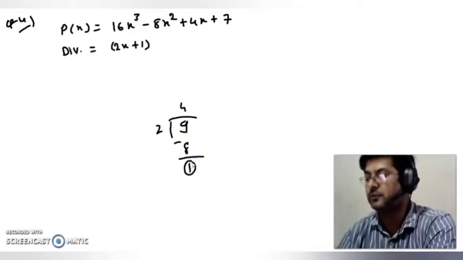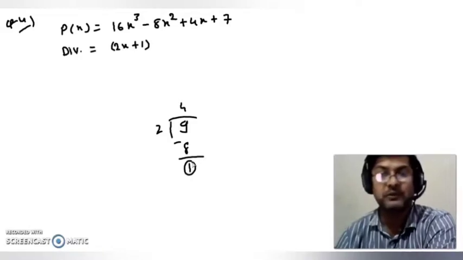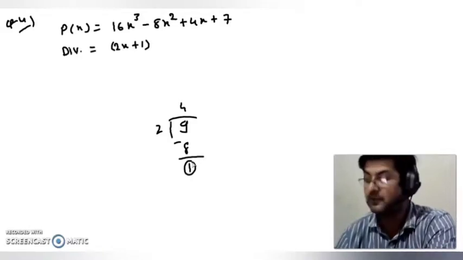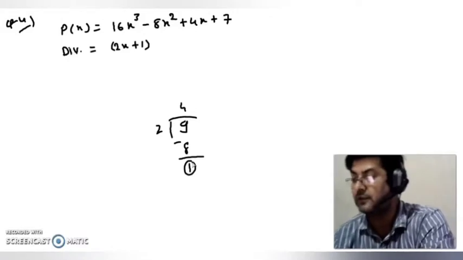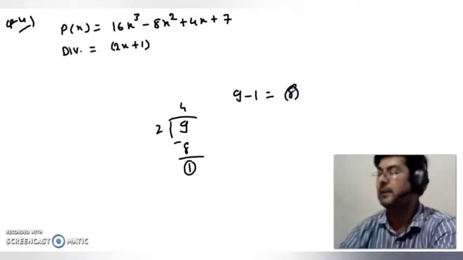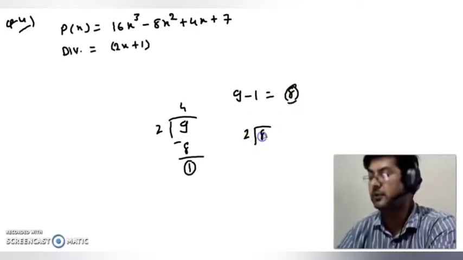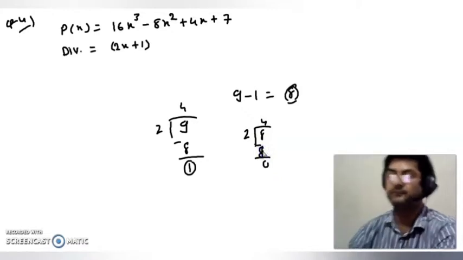And if you want to remove this one remainder and bring the remainder to 0, then obviously from the dividend 9, if you subtract 1, that is the remainder itself, then the number obtained will be 8, which is exactly divisible by 2. Yes or no? 2 fours are 8, such that the remainder is 0.